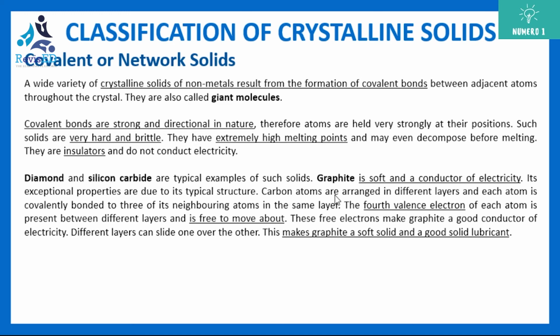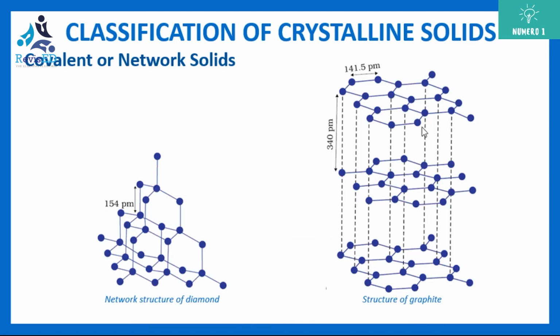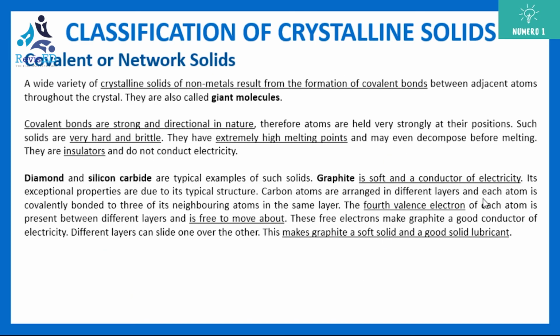The carbon atoms are arranged in different layers. You saw already that it is arranged in layer 1, you can see layer 2, and this is layer 3. Each atom is covalently bonded to three of its neighboring atoms in the same layer, and the fourth electron of each atom is present between the different layers and is free to move about.